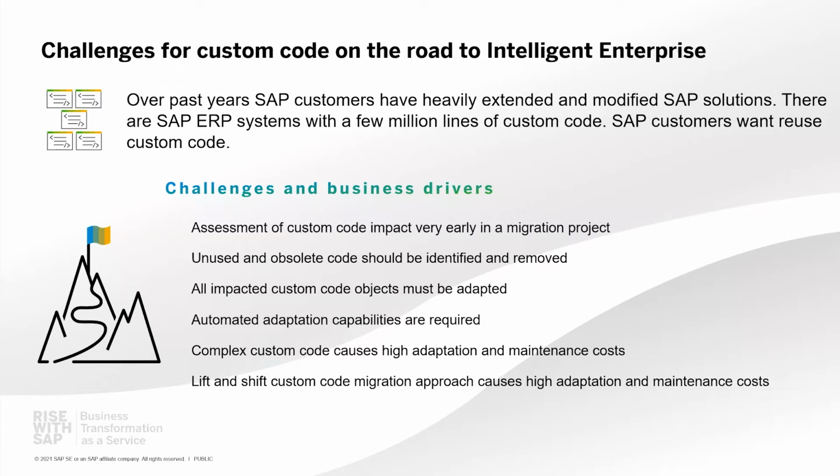Beyond this, a lift and shift custom code migration approach, where you just take over the custom code from the ERP system and move it to SAP S/4HANA or SAP BTP, would cost you high adaptation and future maintenance costs. Therefore, we recommend to review the custom code and evaluate it for further redesign.